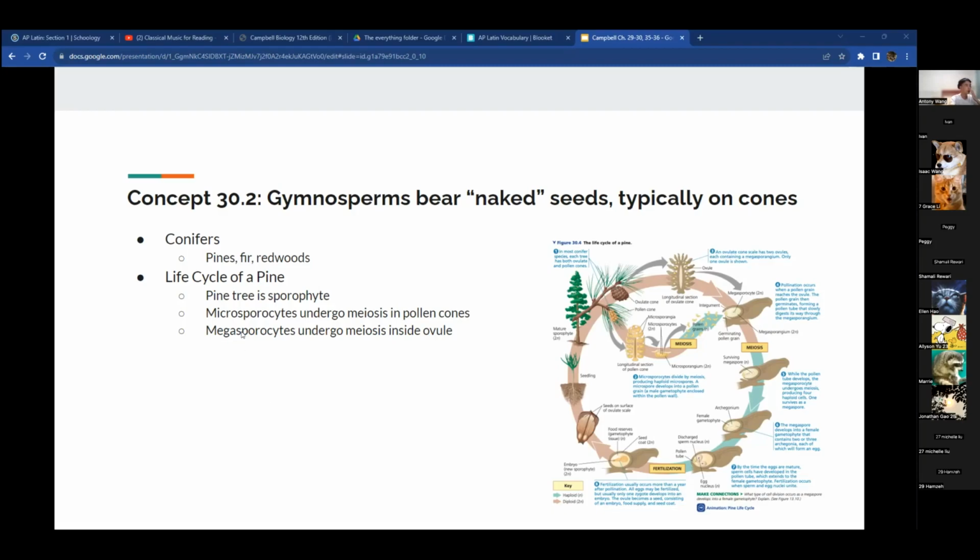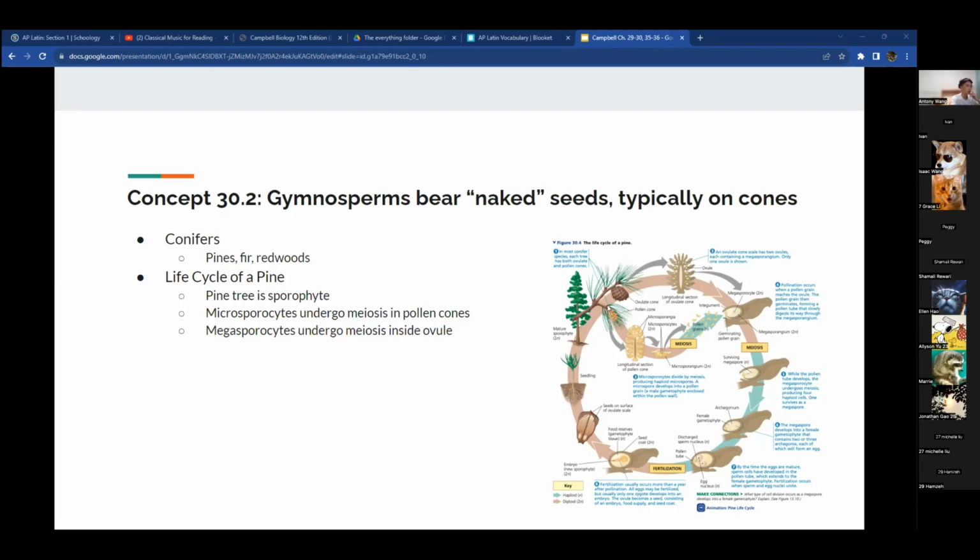The male cones have microsporocytes, and microsporocytes will undergo meiosis in these pollen cones to produce pollen. And pollen is the male gametophyte. Megasporocytes, on the other hand, will undergo meiosis inside the ovule in the other cone.